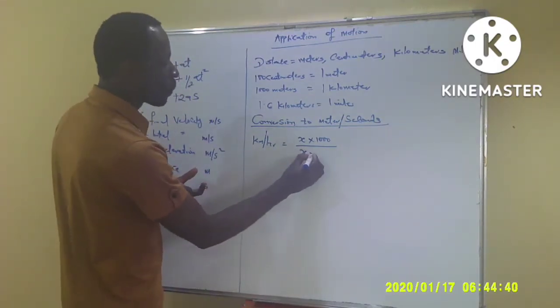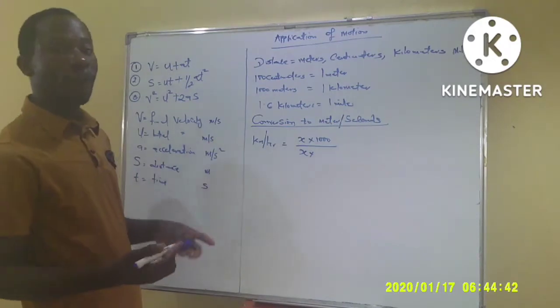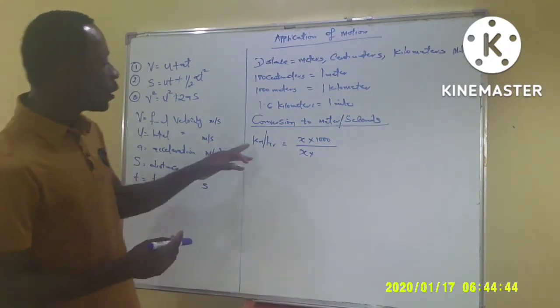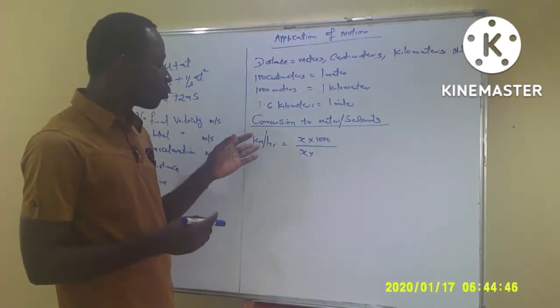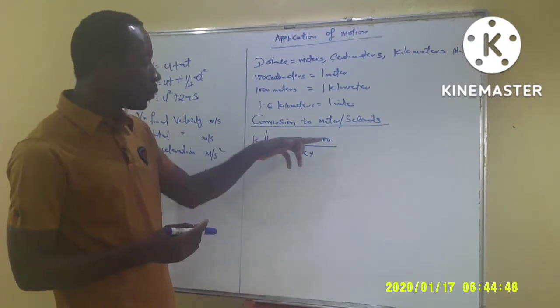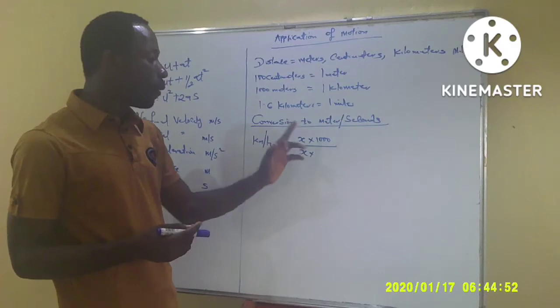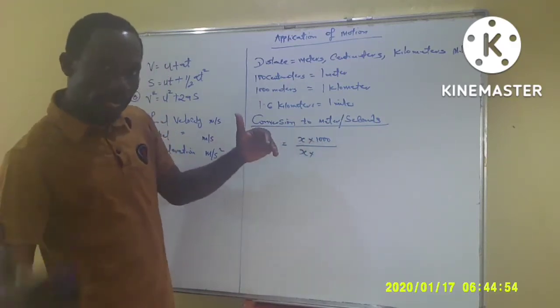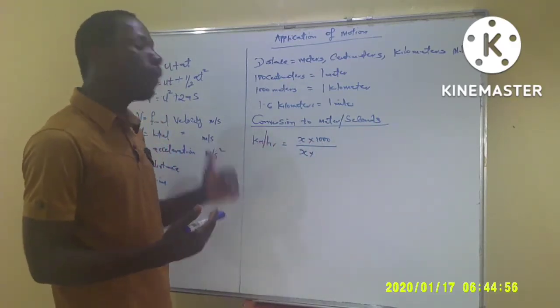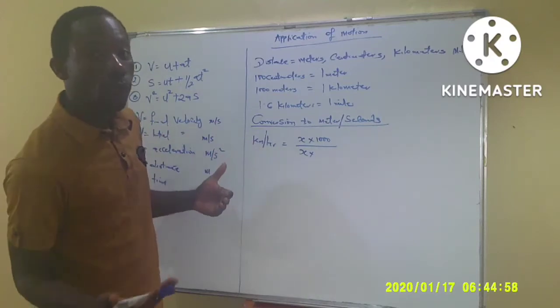So x hour, and I want to convert it to meter per second. Remember that in converting my value from kilometer to meter, I multiply by 1000, because 1000 meters make a kilometer. So when you multiply by 1000, it automatically takes it down to meter. Then the hour, we want to take to seconds.